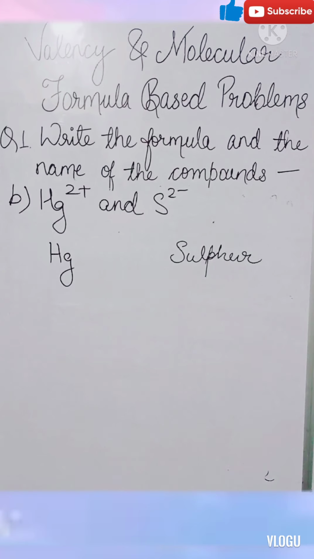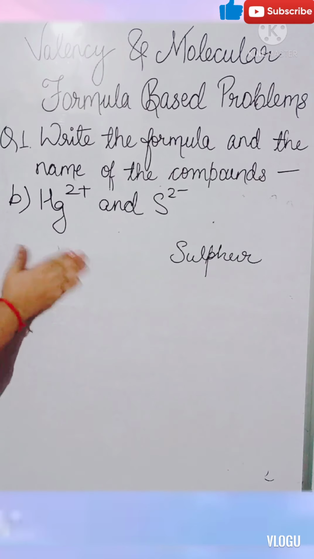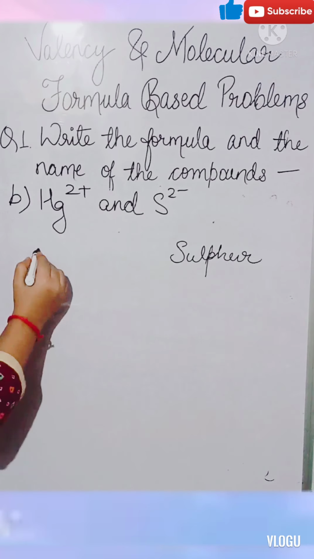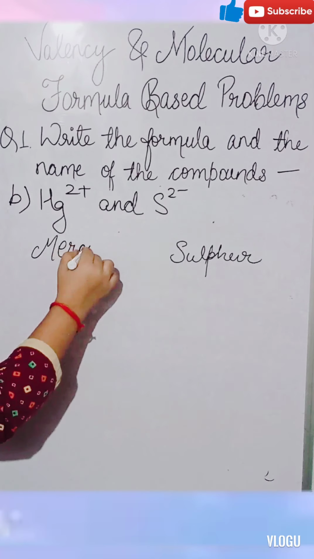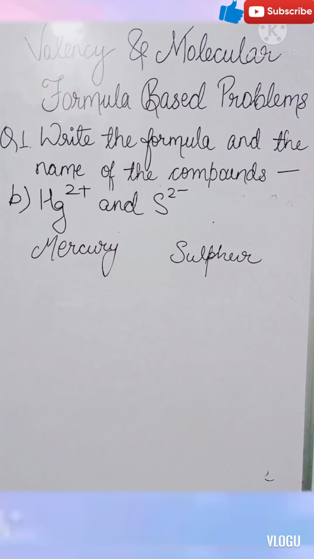I'm sorry, I have written here Hg. It is actually mercury. We have already been given the charges 2 plus and 2 minus. Now we will write them as the valencies just below these names.